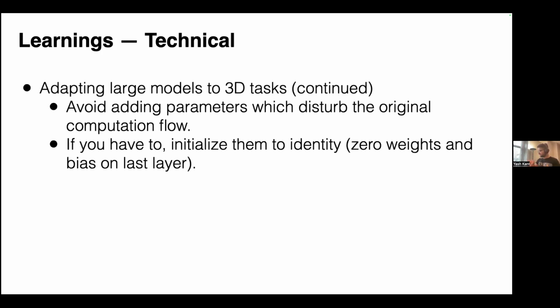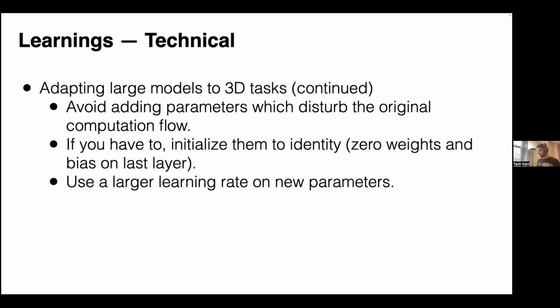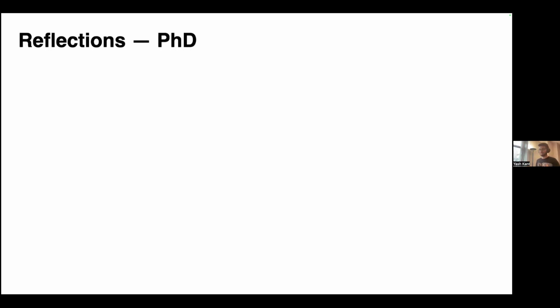If you have to insert new parameters, initialize them with zero weights and bias on the last layer so they become an identity. Then give the new parameters a larger learning rate so you can train them much faster compared to the rest of the network. They get adapted much more quickly.